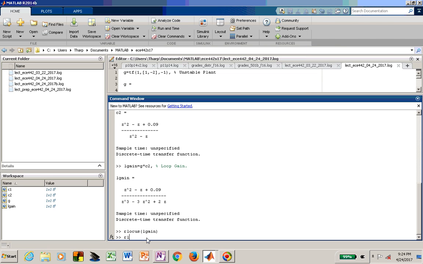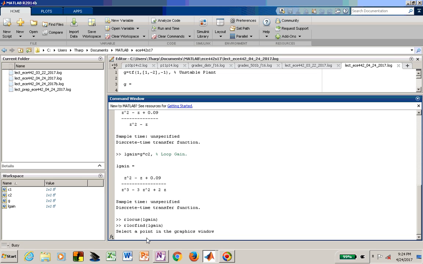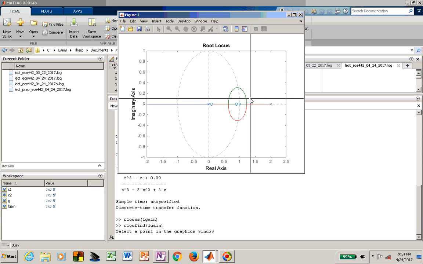And now let's see if we can find the gain value to get us roughly where we want to be, which was sort of at this plus and minus j0.2. That's easiest to find, and we'll just settle for what the real value is for that imaginary piece.